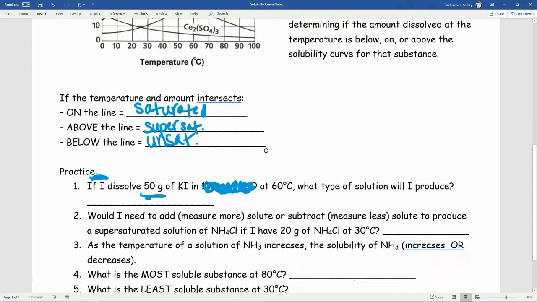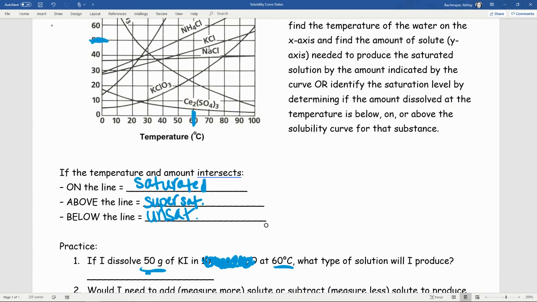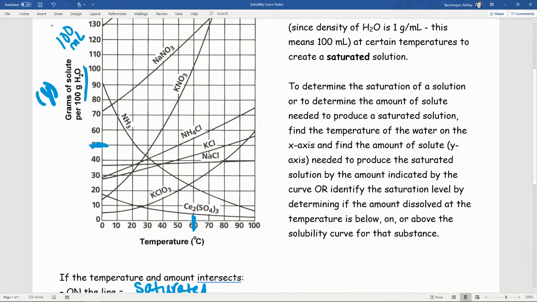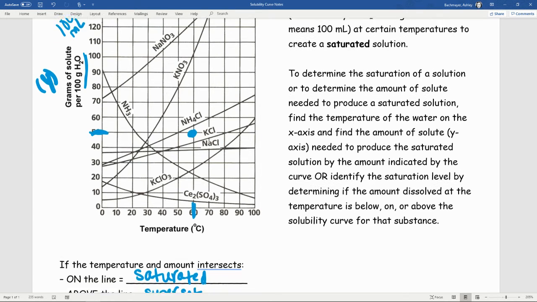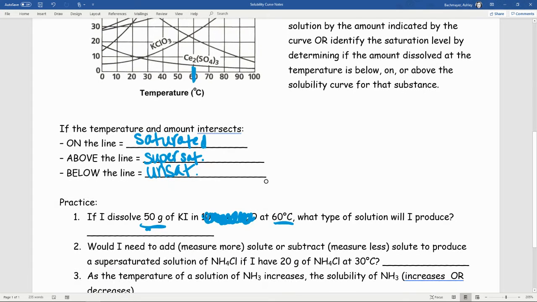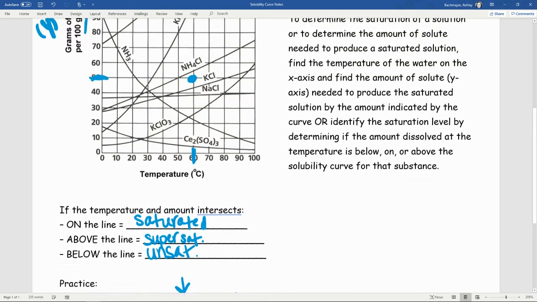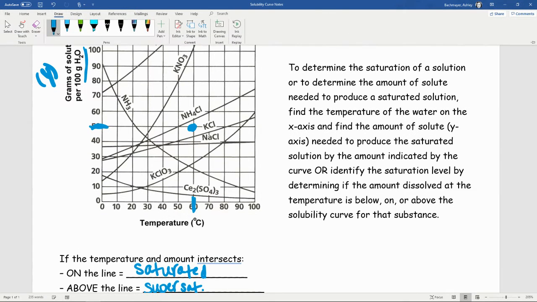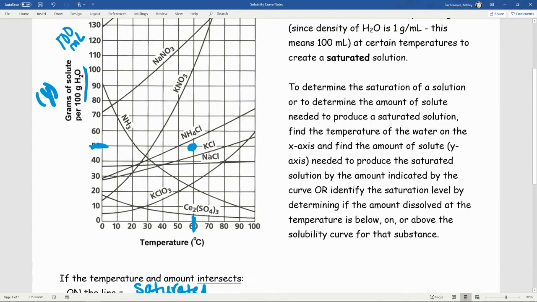So we have 50 grams, and it's going to be 60 degrees Celsius. So I'm going to put my mark here for 60 degrees Celsius. So 60 degrees Celsius, 50 grams, puts me right here. That is where my intersection is. And it's asking me what type of solution it is going to be. I'm specifically looking at KI, so where is my KI?